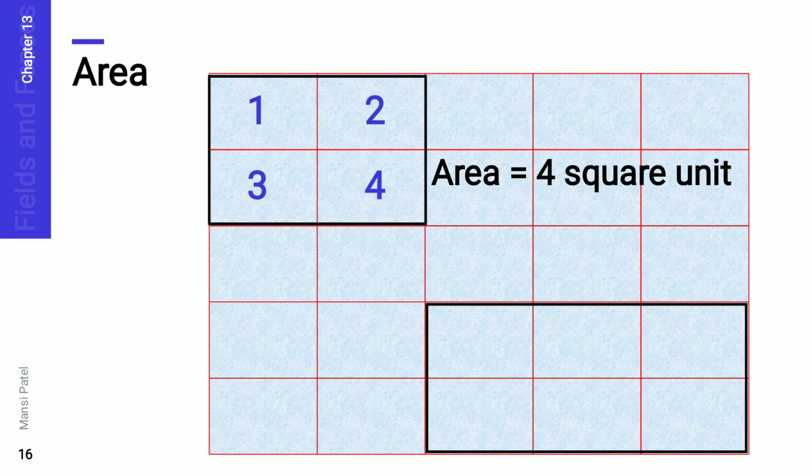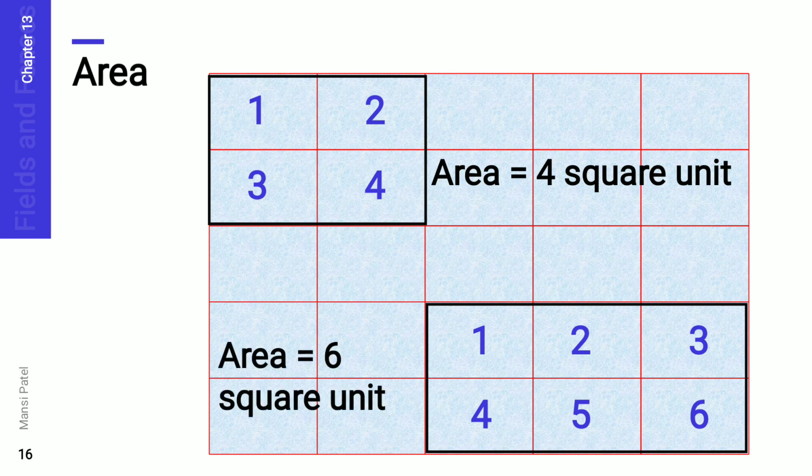Count how many boxes are there: 1, 2, 3, 4, 5, 6. How many boxes did I cover? Yes, this is 6 square units. So we can say that the area of this field occupied by this shape is 6 square units.